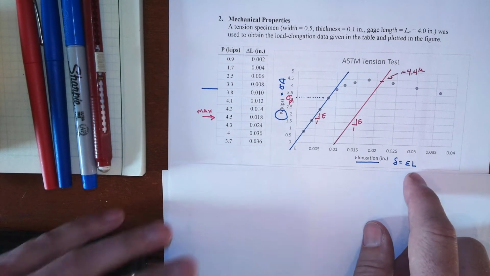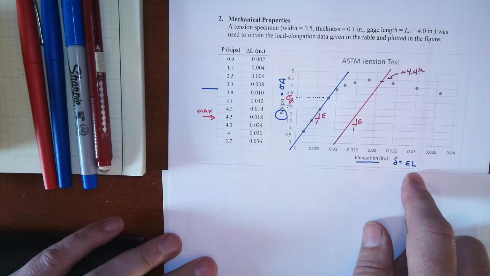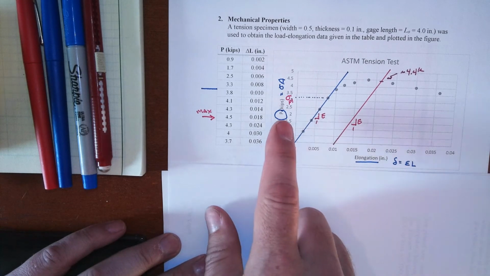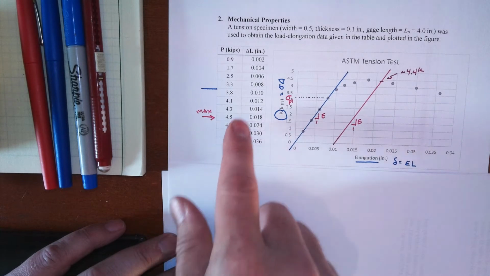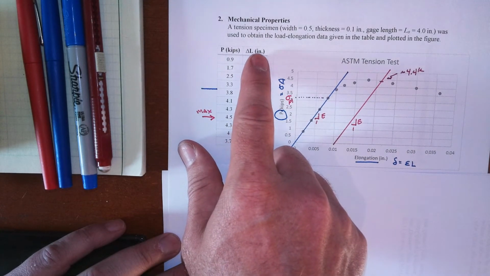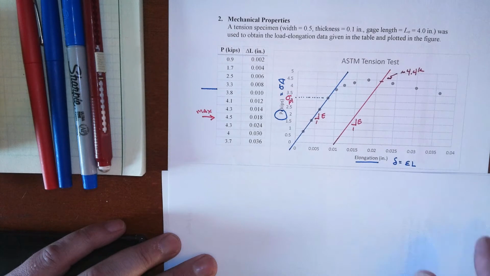Now, if we wanted to turn it into a stress-strain curve, then we would, of course, take the forces and divide by the cross-sectional area to get to the stress, and to get strain, we would take the deformation and divide by the original length of the gauge length.